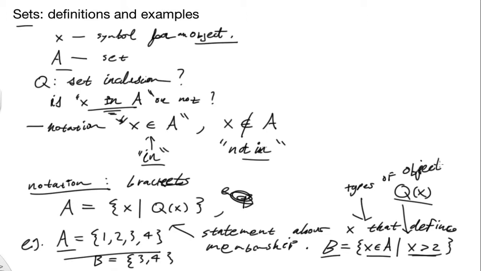And then Q is just extra conditions on the objects that define set membership. Again, the ultimate question involving sets is what objects are in the set or not. That's the only question there is. It's always going to be a binary question. Is it in or is it not? Okay, so that's a good way to think about this.